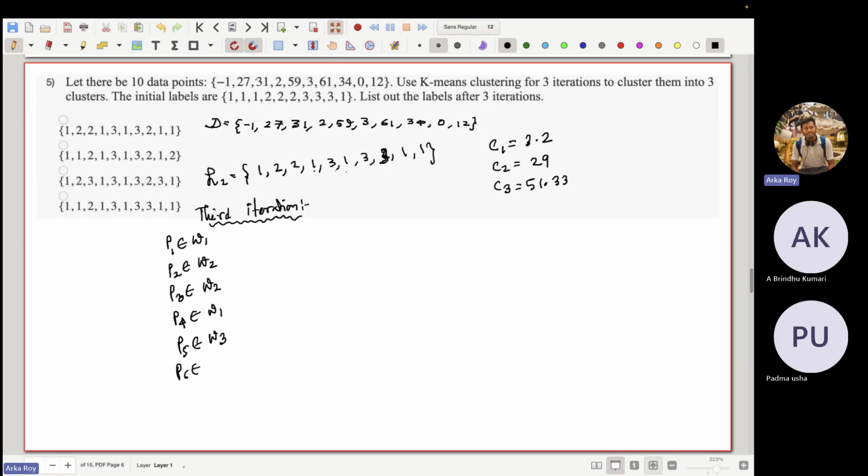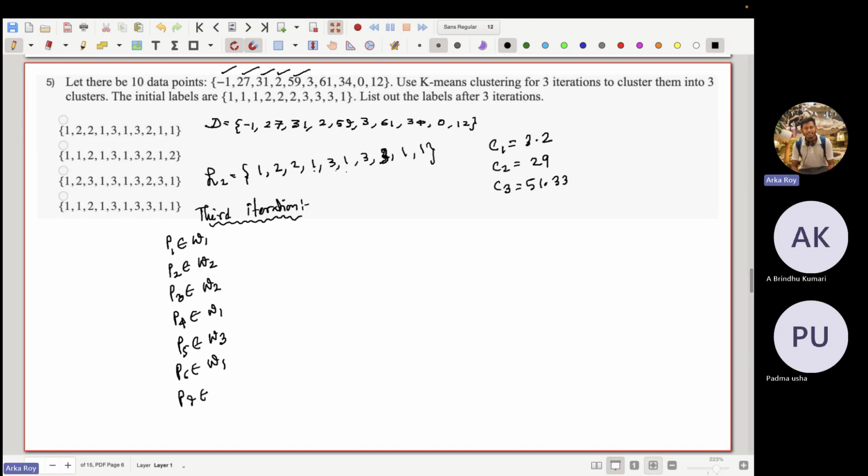P6 is 61. No? 1, 2, 3, 4, 5, 6. Sorry. I think I have missed some data. For 1 it is done, 27 is done, 31 is done, 1, 2, 2, then 2 it would be 1, then 59 is, yeah, so P6 is near C1, so therefore it is omega 1.